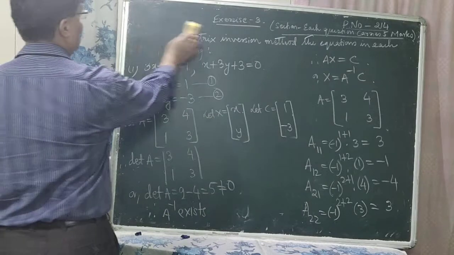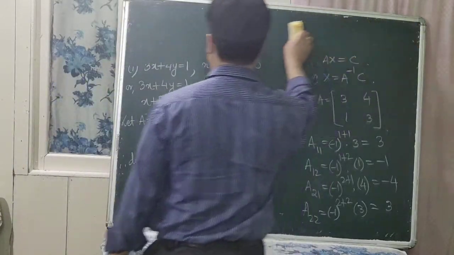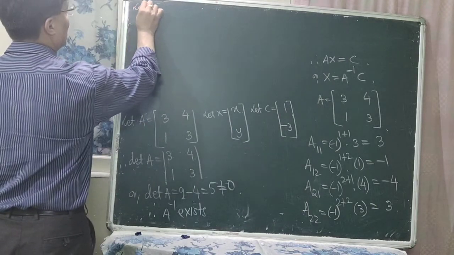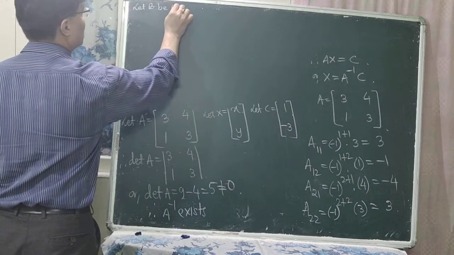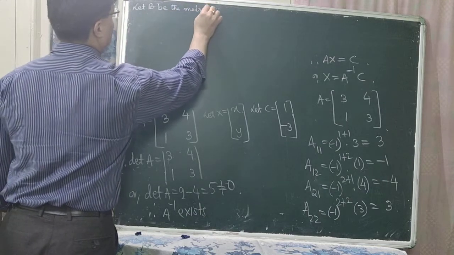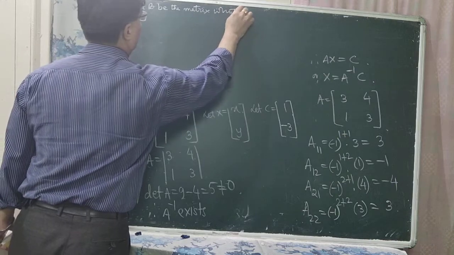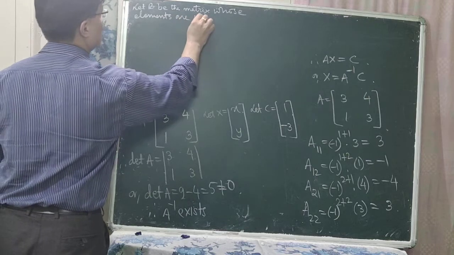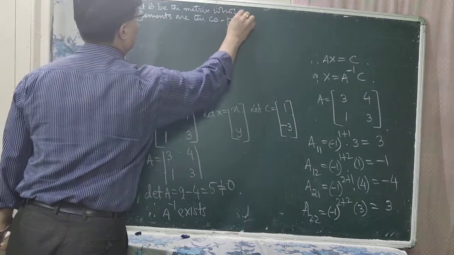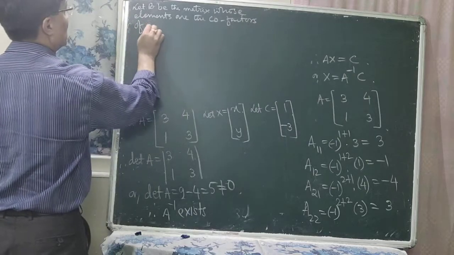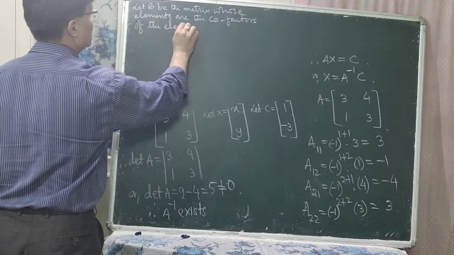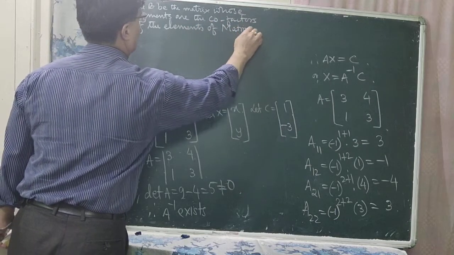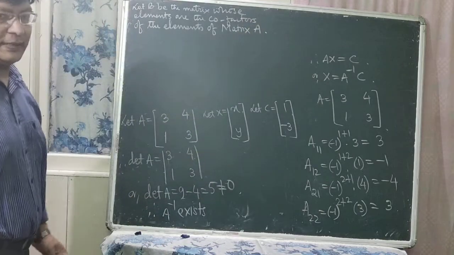Okay. So now let capital B be the matrix whose elements are the cofactors of the elements of matrix capital A. Okay.